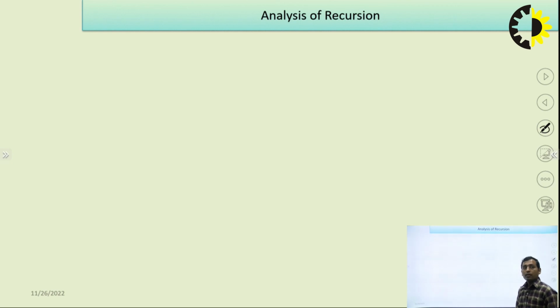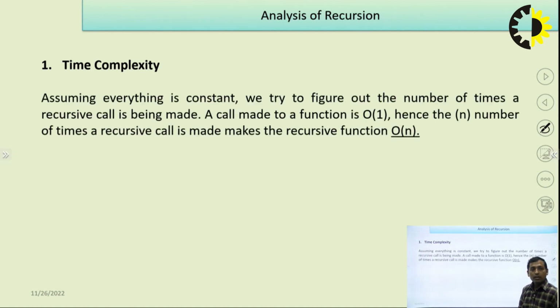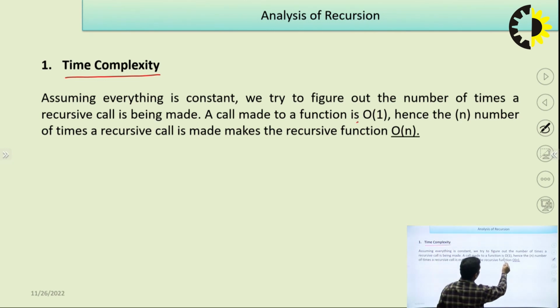Now some analysis of recursion. First, the time complexity. What is the time complexity for recursion? Generally, time complexity means how much time it will require in terms of n. For a single call, we guess this is O(1), and we are creating n number of recursive calls, so we use O(n).